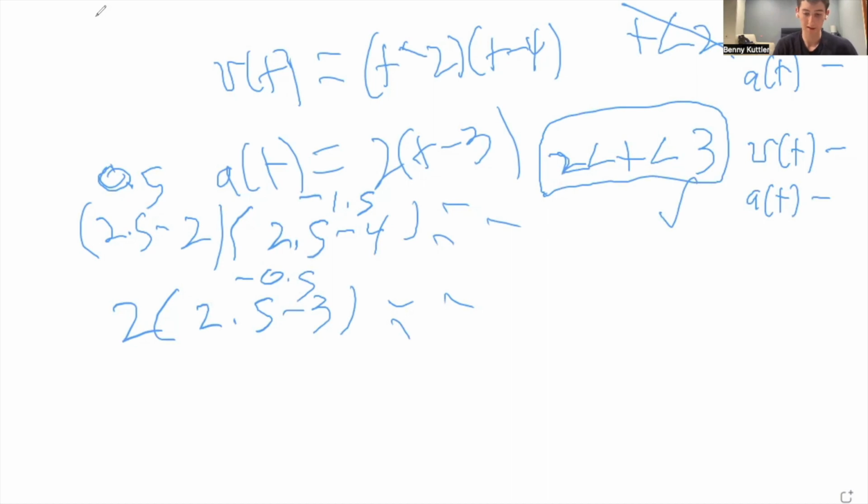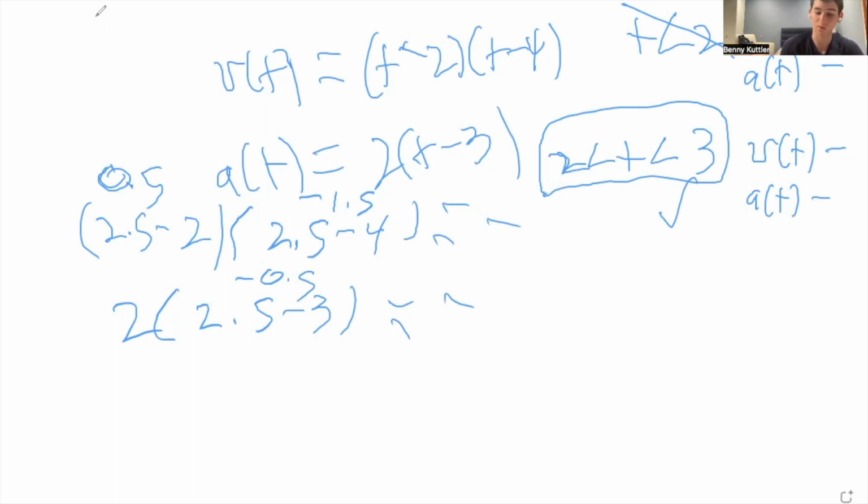And then now let's check between 3 and 4, because the acceleration changes sign at t equals 3, but the velocity function does not. So let's see what happens here.